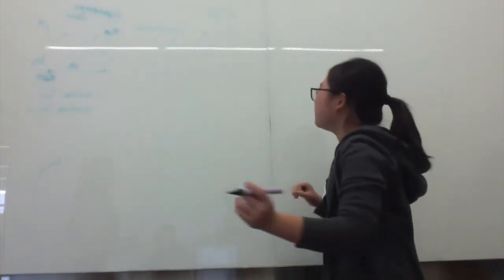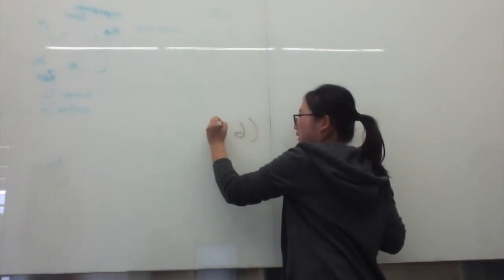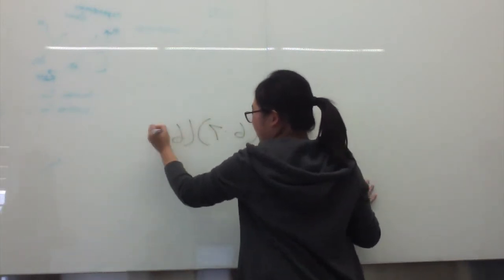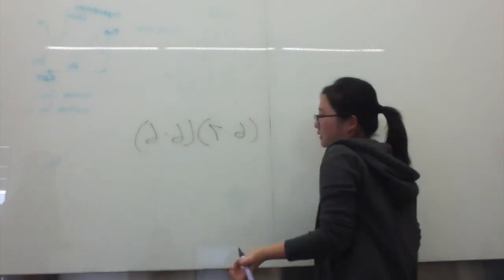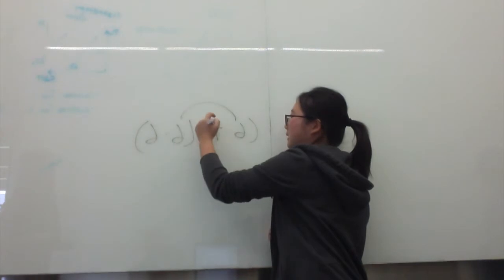Next one is multiplying two binomials. Really easy. Similar to the last one, like 7 and 6, like this. 6 first like this and then this.